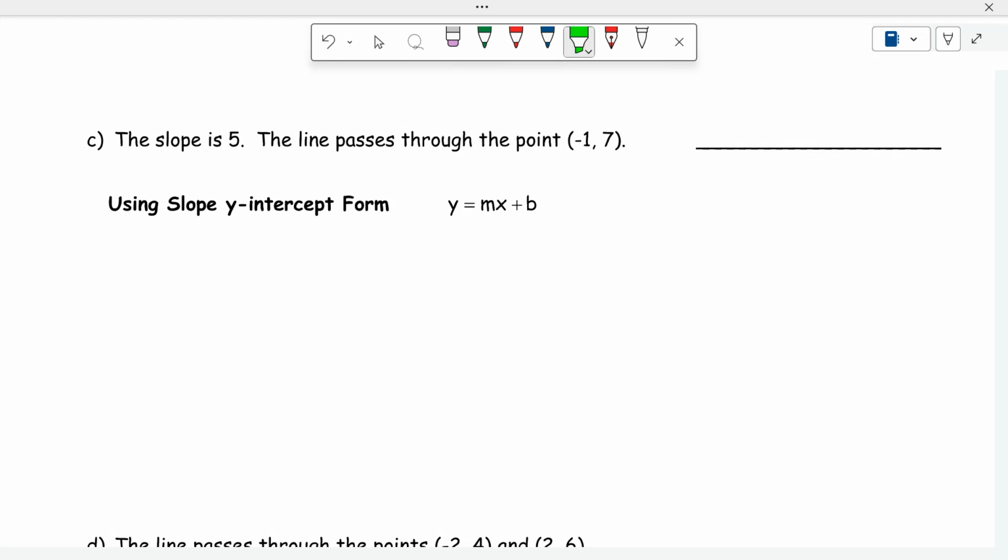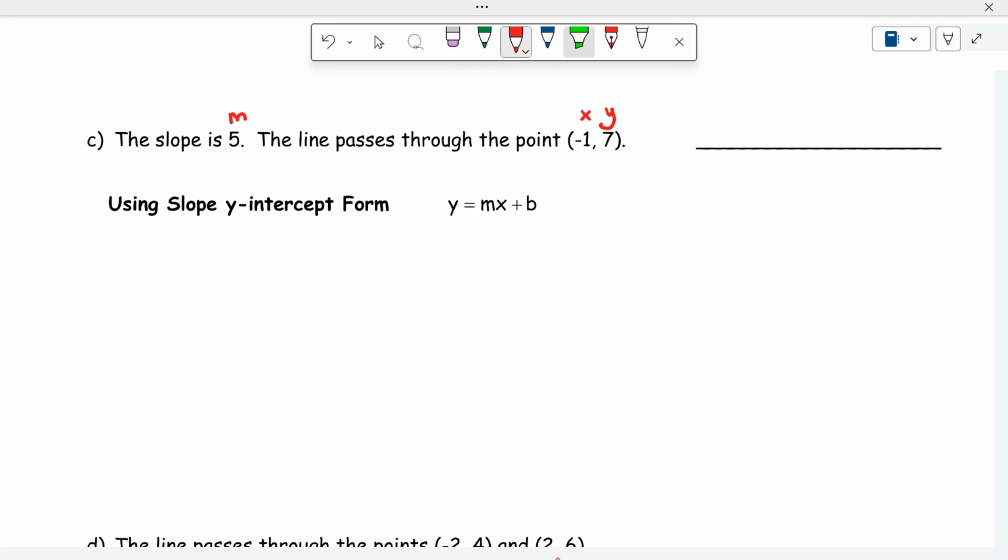But you're given a random point on the line, so any random point on a graph is made up of what variables? X and y, exactly. So guess what? You have m, you have x, you have y. Can you use those to substitute into your formula, and guess what you can do?